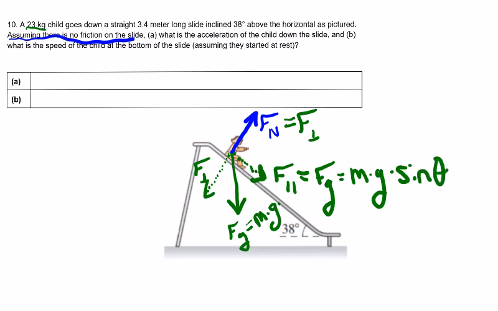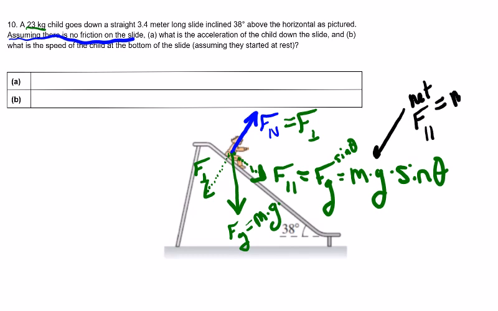So Fg times the sine of theta, or mg times the sine of theta. Since that's the only thing acting down the incline, this is going to be the net force down the incline, or parallel.